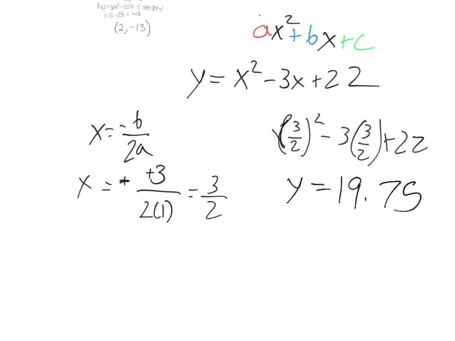And even on the last one, you could go ahead and do that as well. And so I get the point 3 halves, comma, 19.75. Okay, and so those are two examples of how I use this idea of negative b over 2a to identify the vertex of an equation.